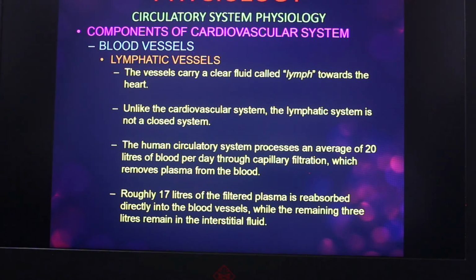The human circulatory system processes an average of 20 liters of blood per day through capillary filtration, which removes plasma from the blood. Roughly 17 liters of the filtered plasma is reabsorbed directly into the blood vessels, while the remaining 3 liters remain in the interstitial fluid.